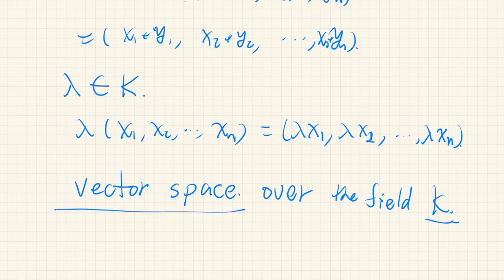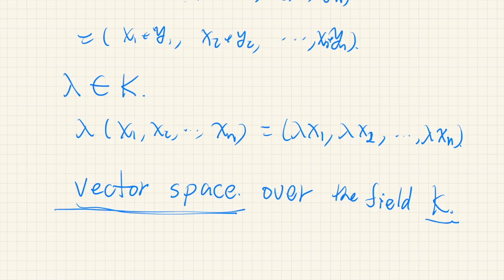So vector space is a set of vectors. Of course, vectors can be defined as elements of a vector space. So in that case, we cannot say vector space is made of vectors. I mean, we use vectors to define a vector space, but we use vector space to define vectors.